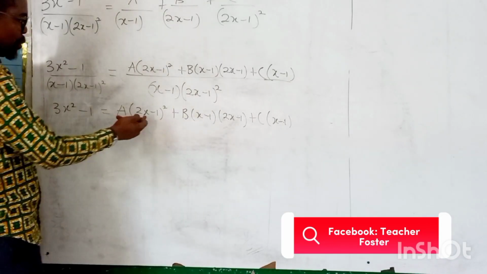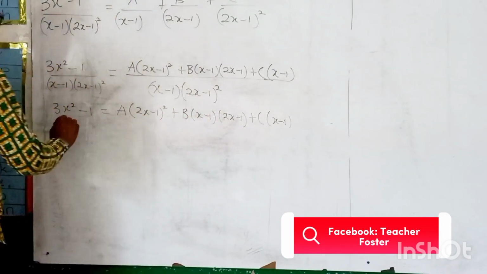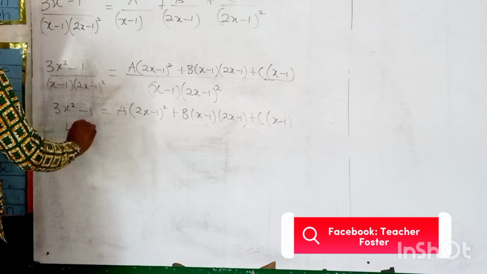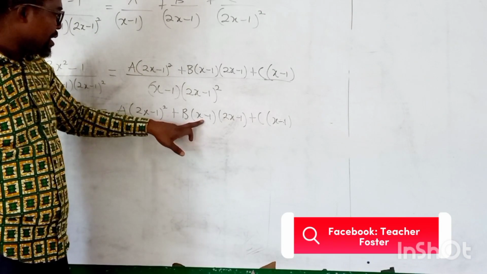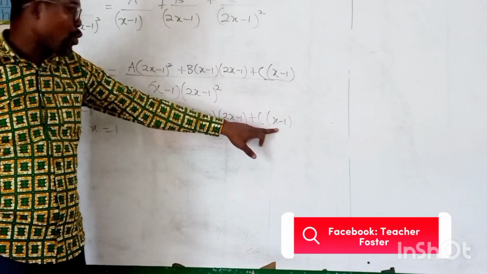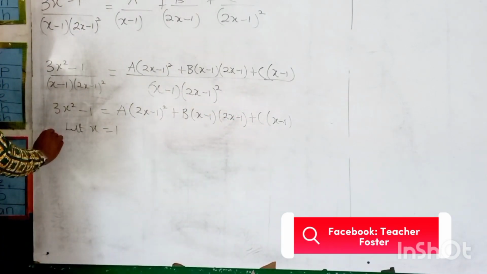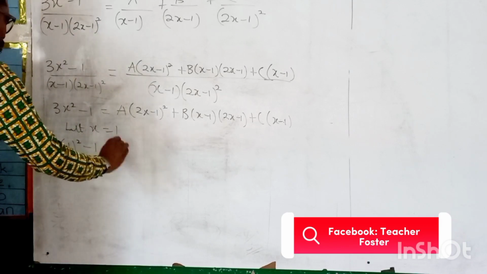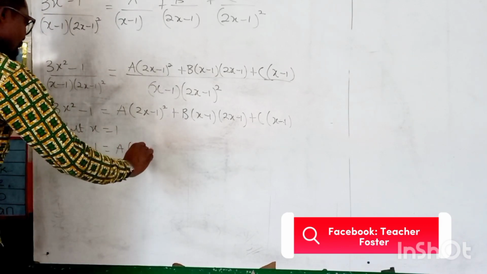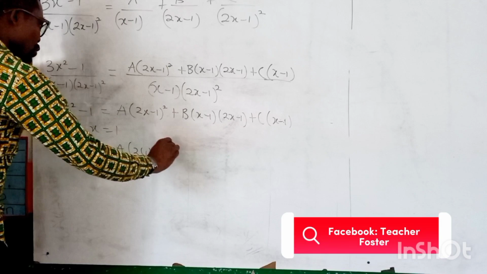Now, looking at this, let x be equal to 1. If x is equal to 1, this will go off, this will also go off. So 3 into bracket 1 squared minus 1 will be equal to A into bracket 2 times 1 minus 1 all squared.